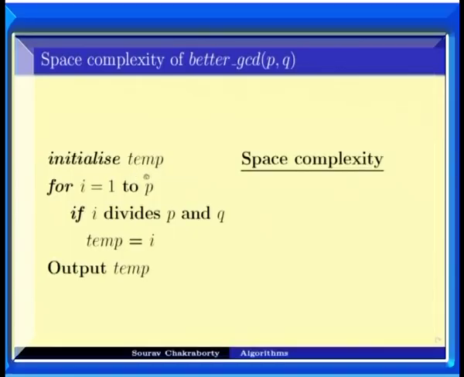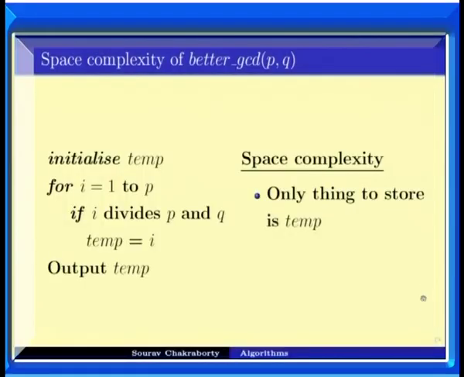Note that in the earlier, basic algorithm, we had to store the whole array A, which had p entries. Thus, the space complexity there was p, whereas here in the for loop we do not store anything. All that we store is this initialized variable temp, and that is the only thing that we are storing.